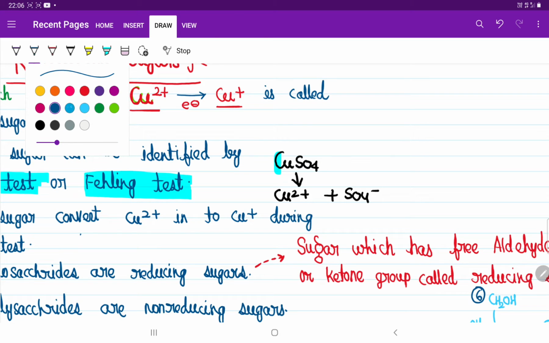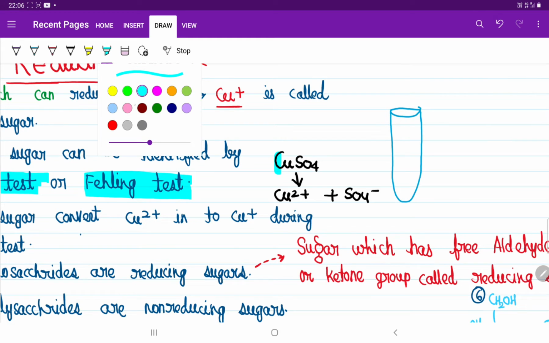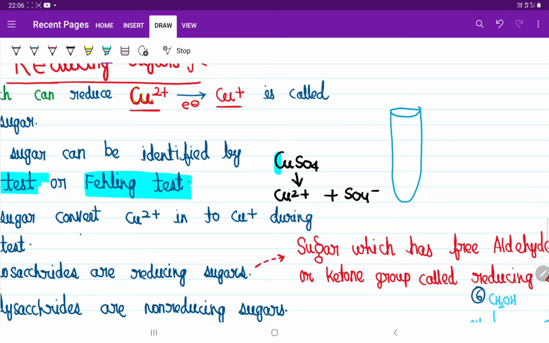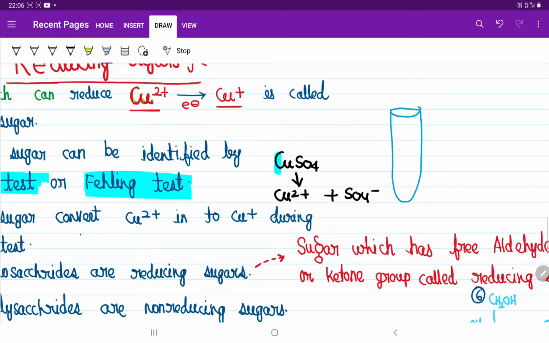This Benedict reagent is a blue color reagent. It has copper sulfate and it's a blue color reagent, right? You take Benedict reagent and fill it in this test tube, like you see I'm filling.